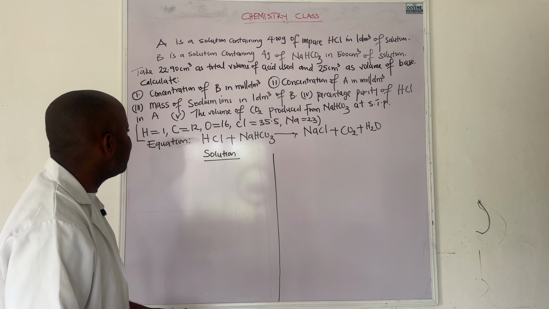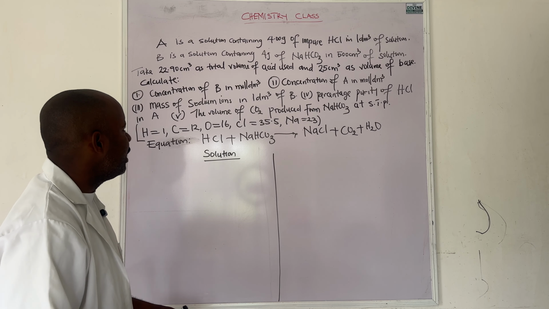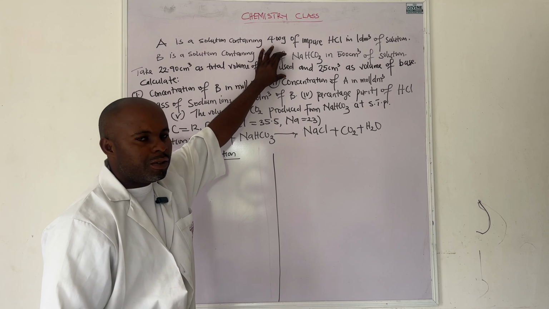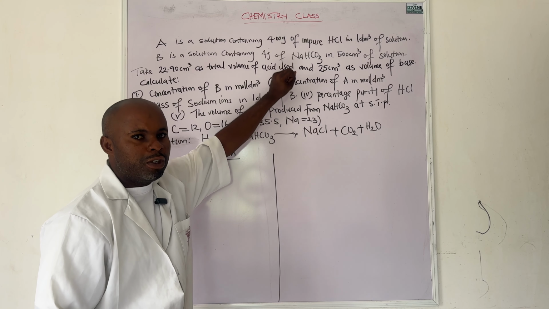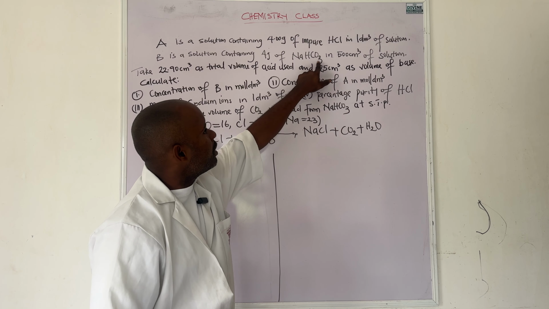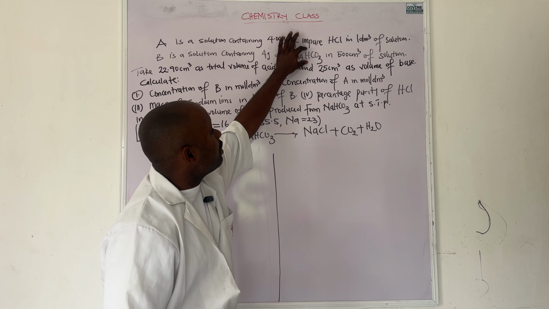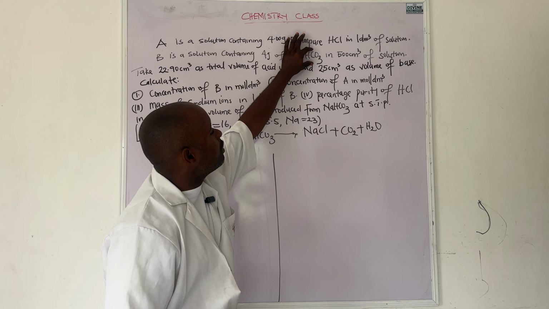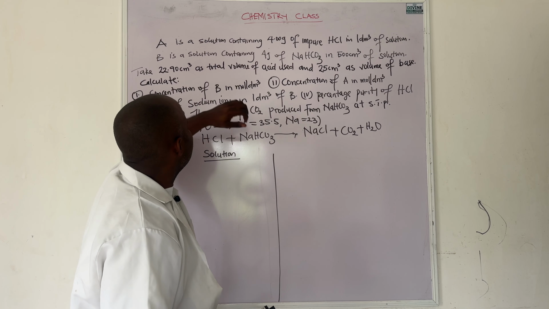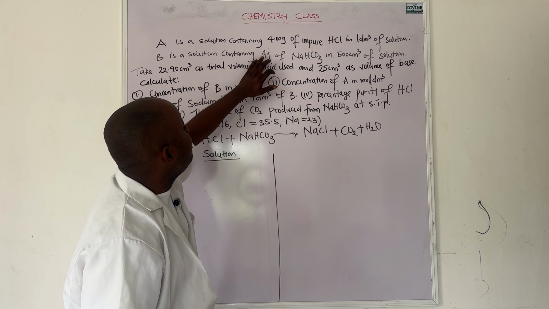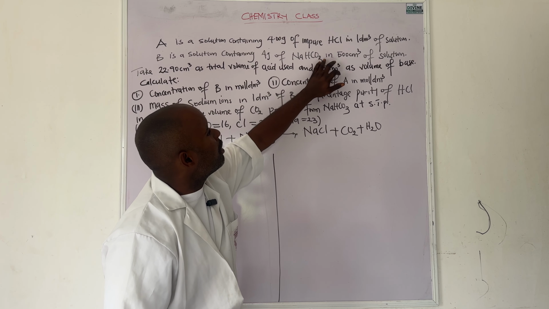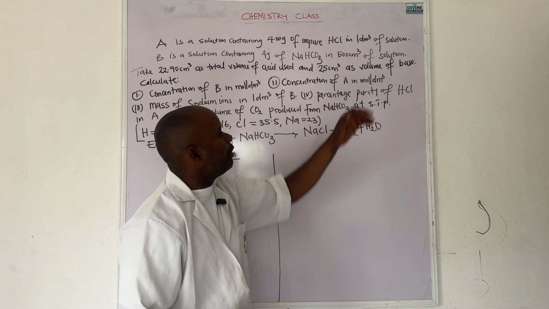In this now, what is given to us, as I've said before, the concentration of the acid and that of the base is not given to us. And we are going to use the mass concentration of sodium hydrogen trioxocarbonate IV to get the concentration of this. So we are told in this question that B is a solution containing 4 grams of sodium hydrogen trioxocarbonate IV in 500 centimeter cube.